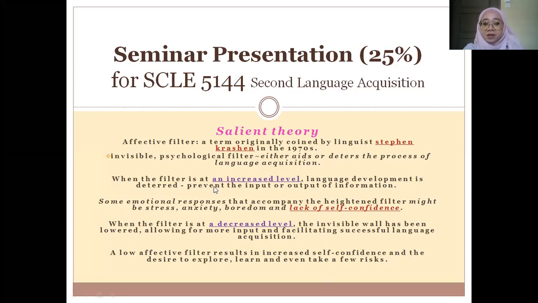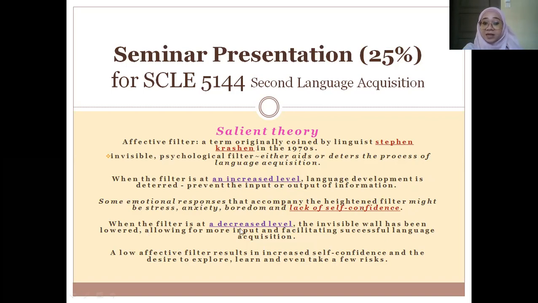Under filter, there are two situations when affective filter exists. The first one is when affective filter is at an increased level, while the second one is when the filter is at a decreased level. When the filter is at an increased level, language development is deterred and thus prevents the input or output of information.